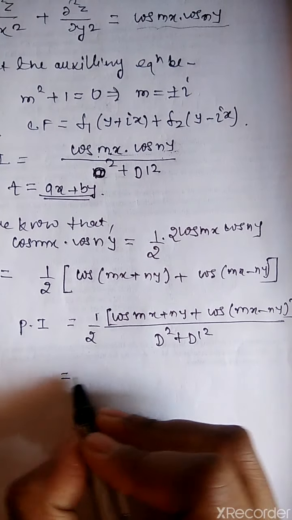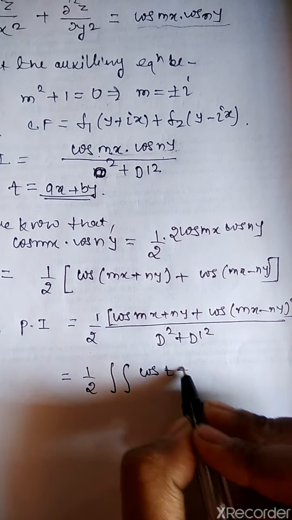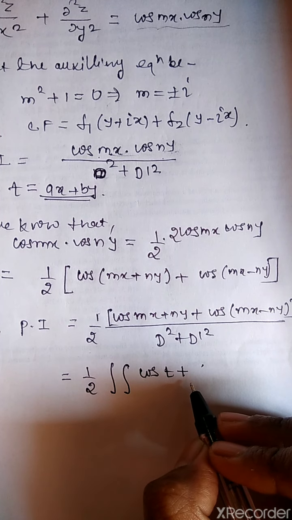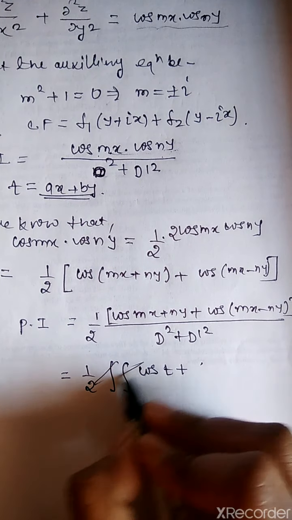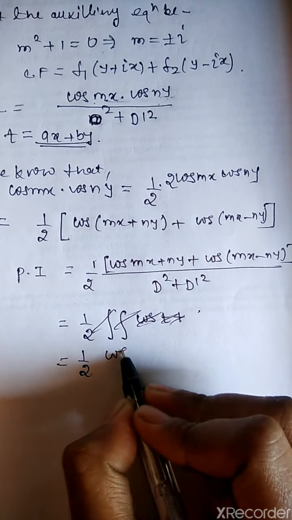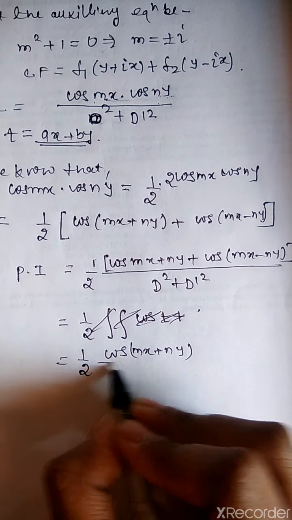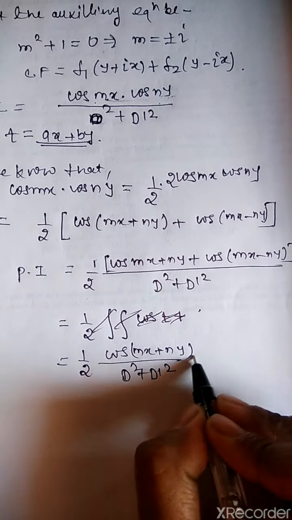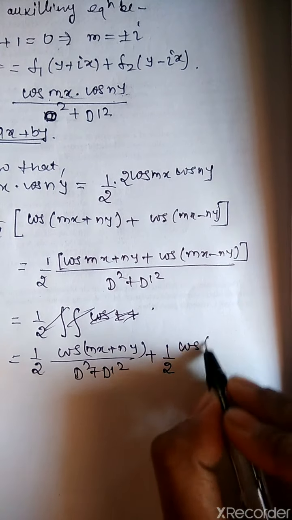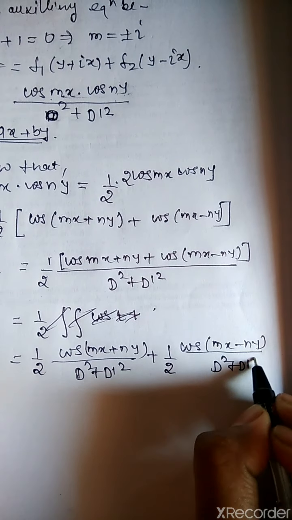Now we put this as half double integration of cos t. We first bifurcate this equation into two terms: half cos(mx + ny) divided by D square plus D dash square, and again we separate half cos(mx - ny) divided by D square plus D dash square.